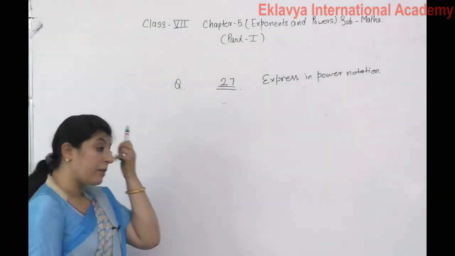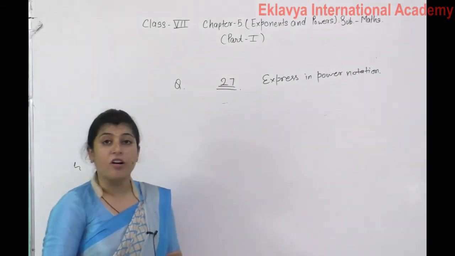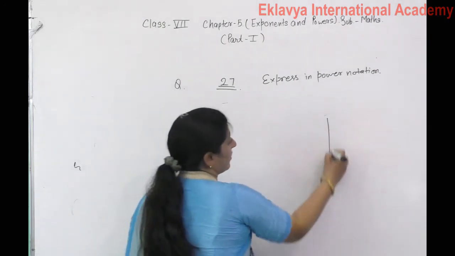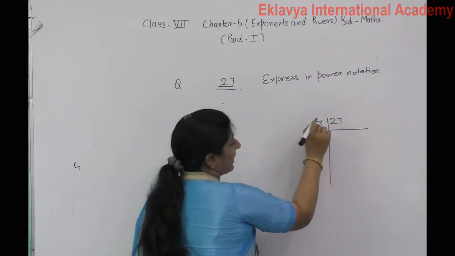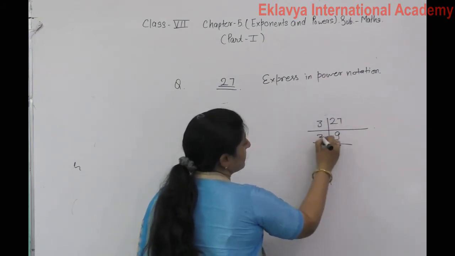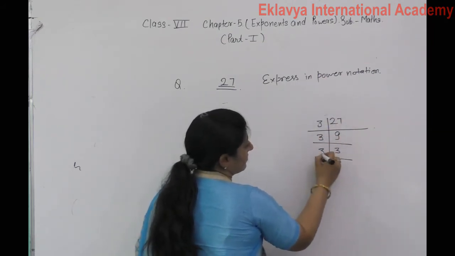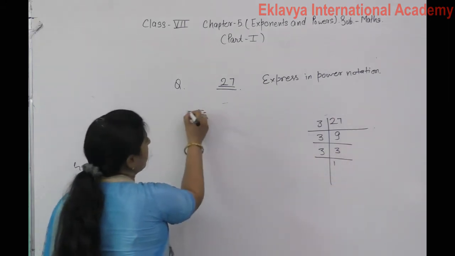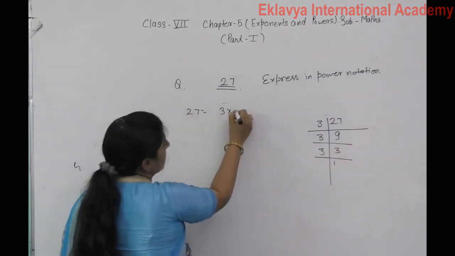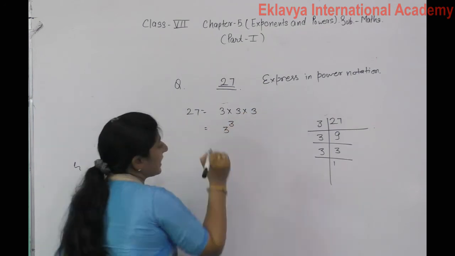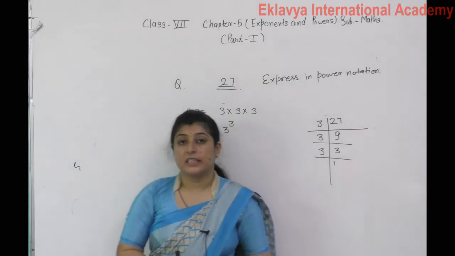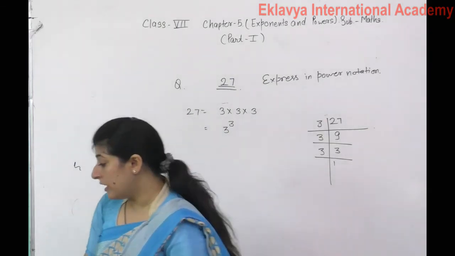We will take the prime factorization of it. When you take the prime factorization, it will be divided by 3. It means we can write 27 is equal to 3 into 3 into 3, that is 3 power 3. This is how we will solve this type.